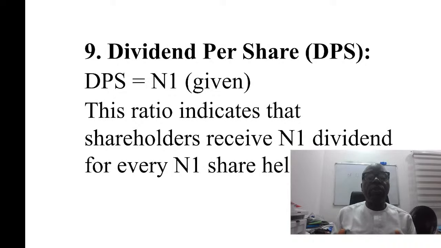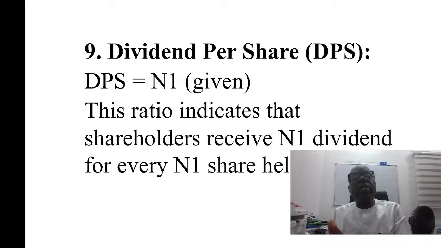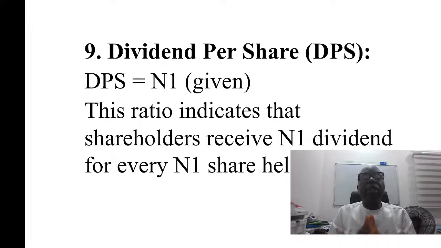Now, I want to tell you that questions on ratios are not just about computing ratios, because to compute ratio is very, very easy. That's why the topic is interpretation of financial statements. When you have calculated the ratio, how do you interpret the result of the ratio that you calculated?